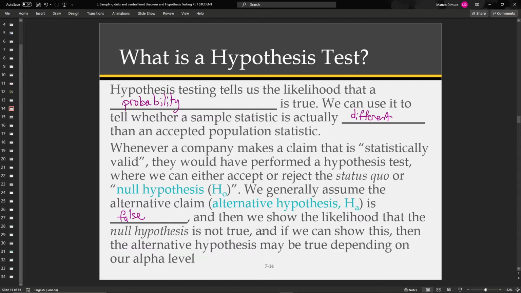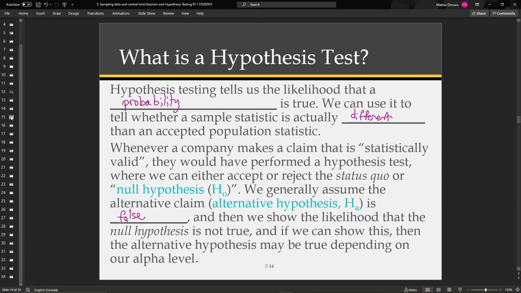And if we can show this, then the alternative hypothesis may be true depending on the alpha value. So what am I saying here? The null hypothesis is sort of the status quo. So depending on whatever the question is, it is what's generally accepted to be true. The thing that you're trying to show is the alternative hypothesis. So there you have it.